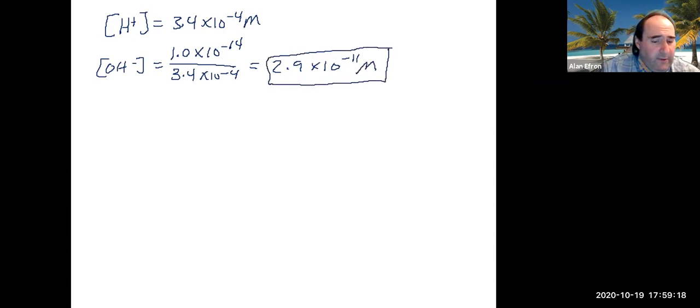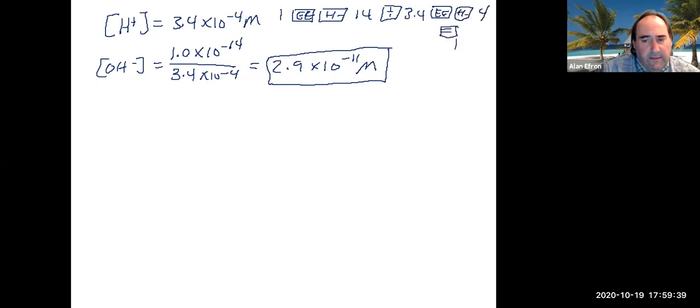Again, a reminder, when you put this in, you would hit 1, your exponent button, your negative button, and 14, your division button, and 3.4, exponent button, negative button, and 4, and hit equals. You hope we should get there. Again, you want to make sure that you are using your exponent button. Usually you could find yourself with the front number looking okay and the back number not so much, and that's usually the way you're punching it in. So make sure you try to do it this way.